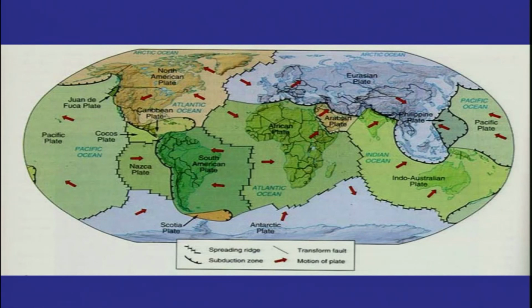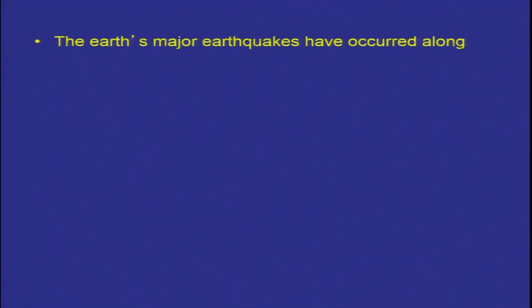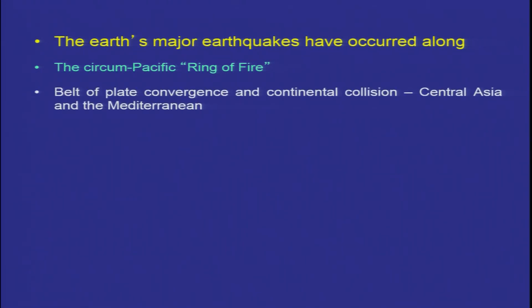So now let's look at the signatures, what you will be able to see in terms of the surface manifestation because of the ongoing deformation in compressional tectonic environment. The Earth's major earthquakes have occurred along the circum-Pacific, that is the ring of fire, a belt of plate convergence and collision, and continental collision, for example Central Asia and the Mediterranean region, a zone of continental collision which we see between India and Asia.